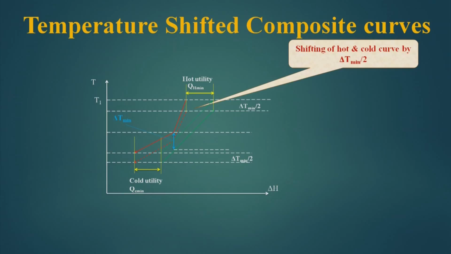While doing so, as the curves are shifted vertically, the distance between the extreme parts of the hot and cold composite curves remains constant, and that is why the hot utility prediction, Q h minimum, and the cold utility prediction, Q c minimum, remain the same.